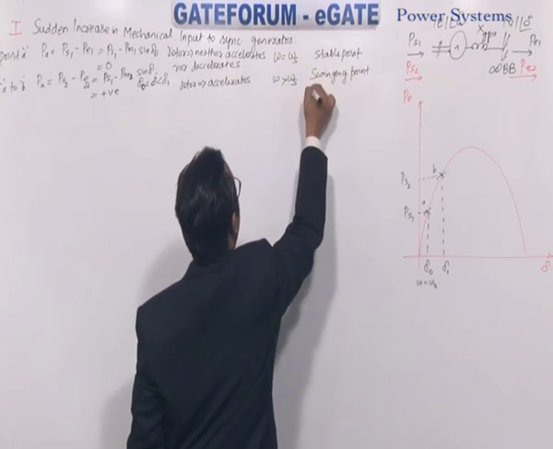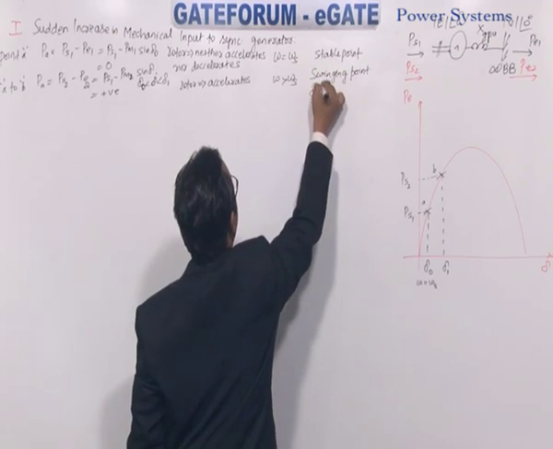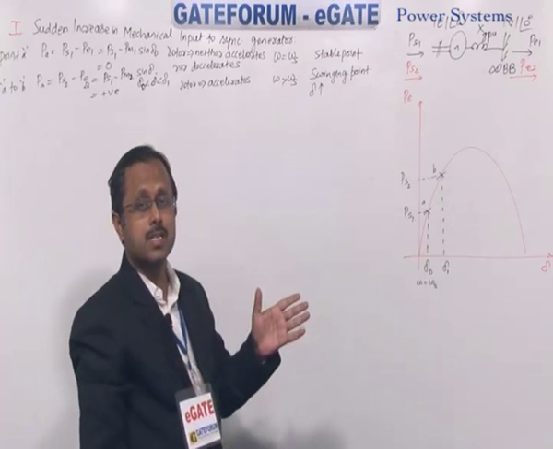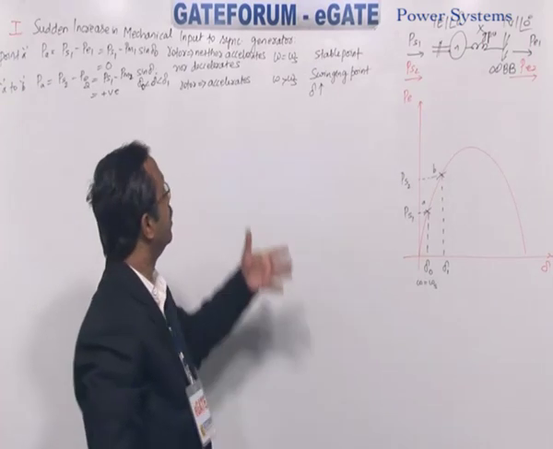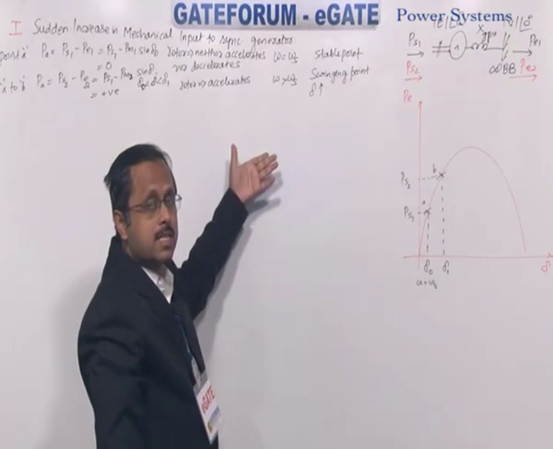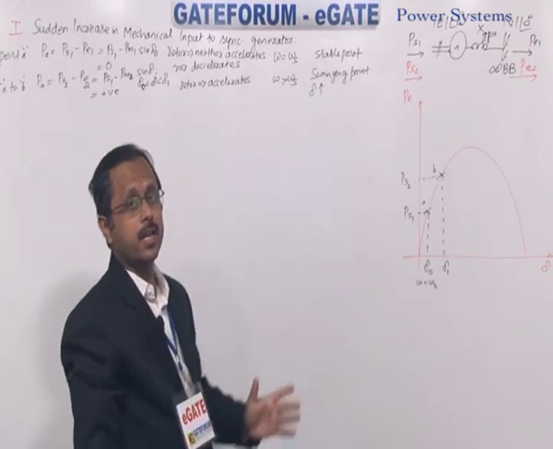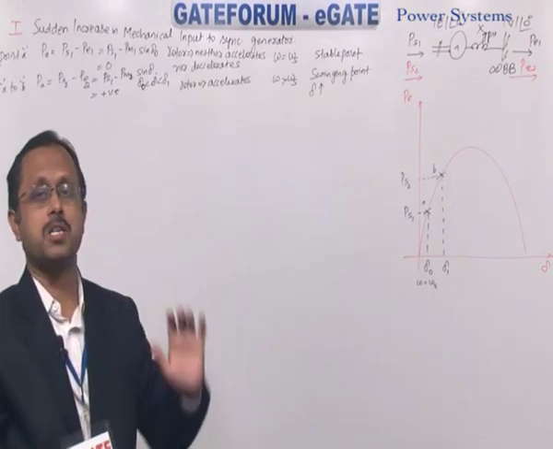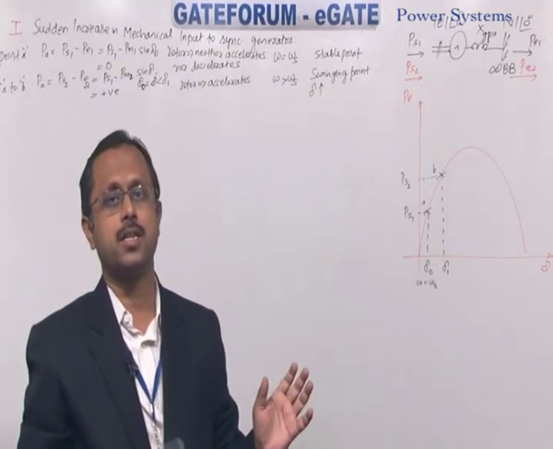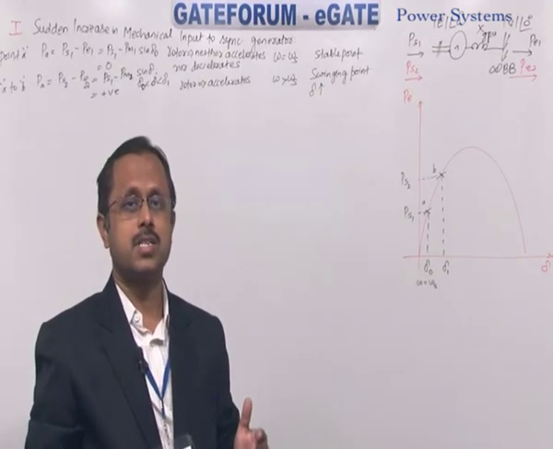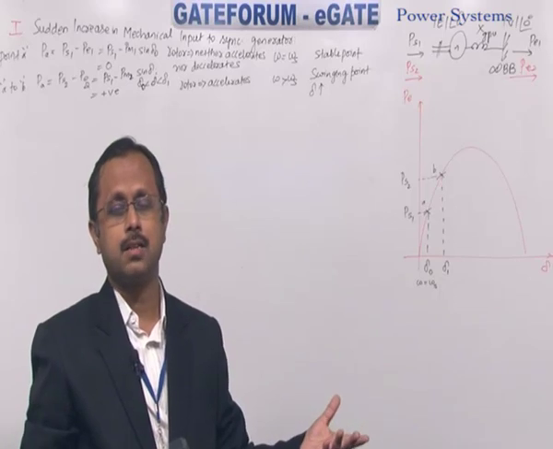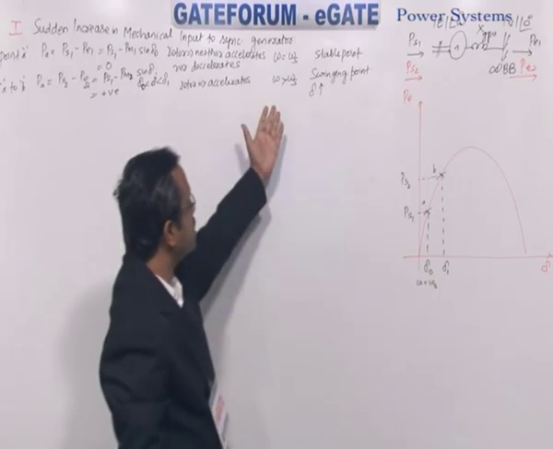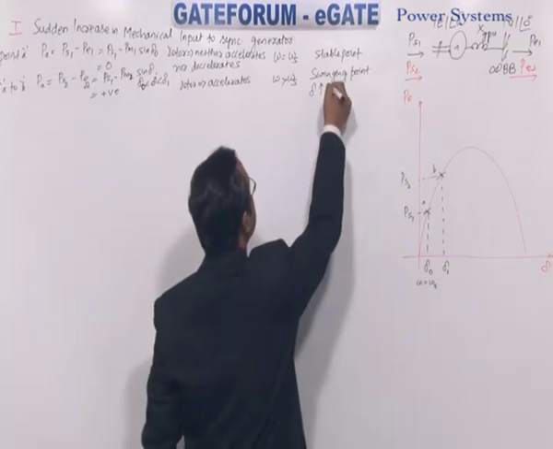Then what about the value of delta now? Increases. Why does it increase? You know, for a synchronous generator, whenever the rotor accelerates, delta increases. You come across these points in electrical machines, synchronous generators. When a synchronous generator accelerates and omega is greater than omega s, delta increases.